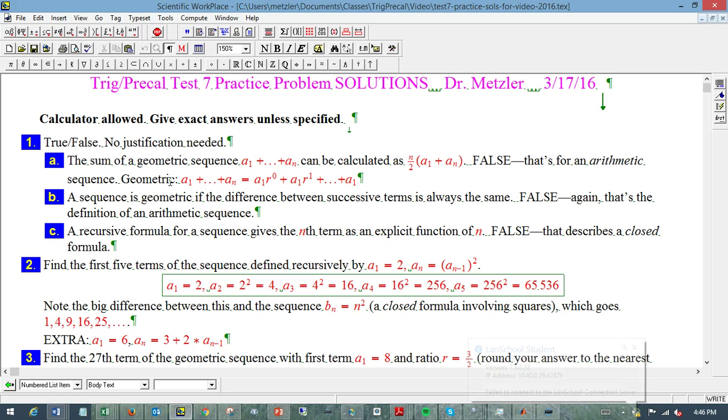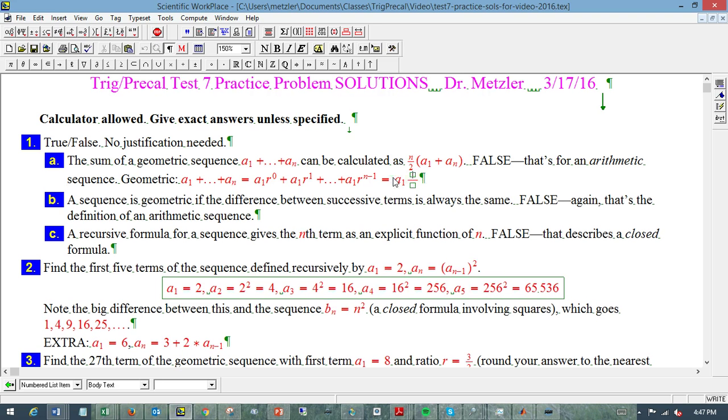If you can write it as a fixed number, the first term in the sequence, times a fixed ratio to higher and higher powers, and if there's n terms in the sequence, notice this is the nth term, and if you write it in the standard way, it is the first term multiplied n minus 1 times to get to the nth term, because there's n minus 1 steps between a1 and an. That sum is a really, really important formula: a1 times 1 minus r to the n over 1 minus r.